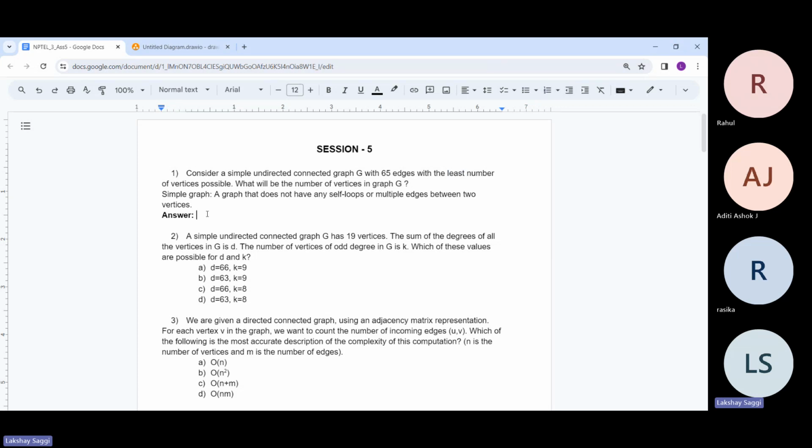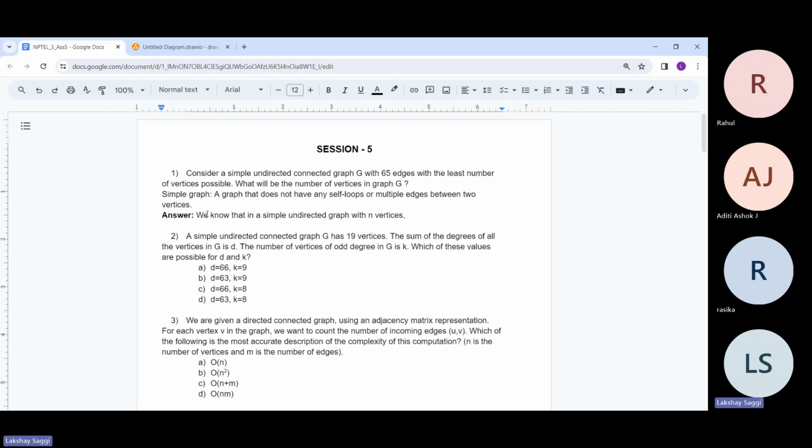For the least number of vertices, the idea here is that in a simple undirected graph with n vertices, there can be at most only one edge present between any two vertices.